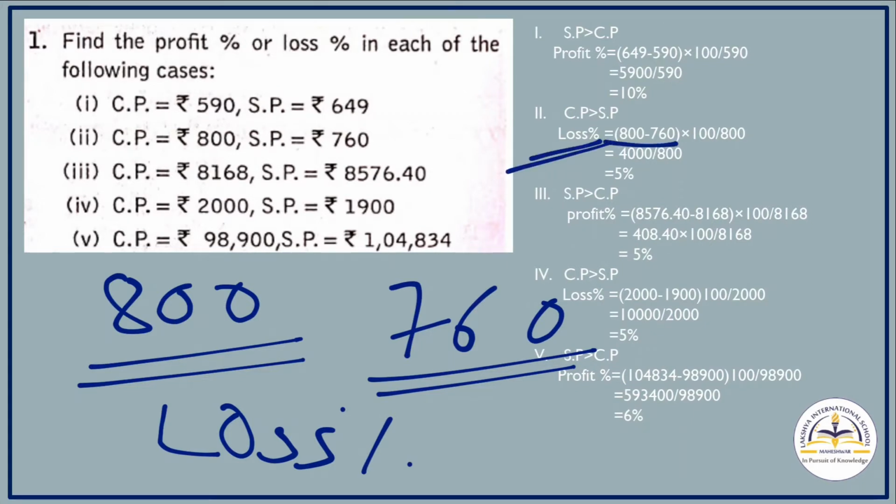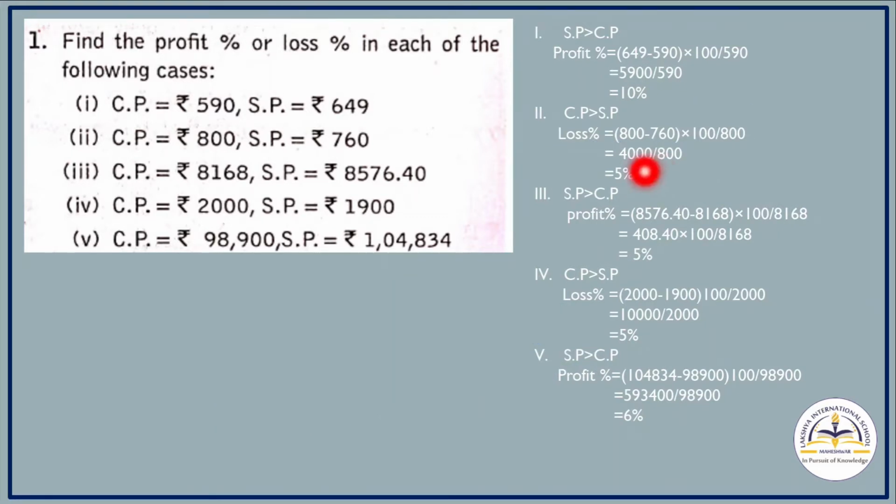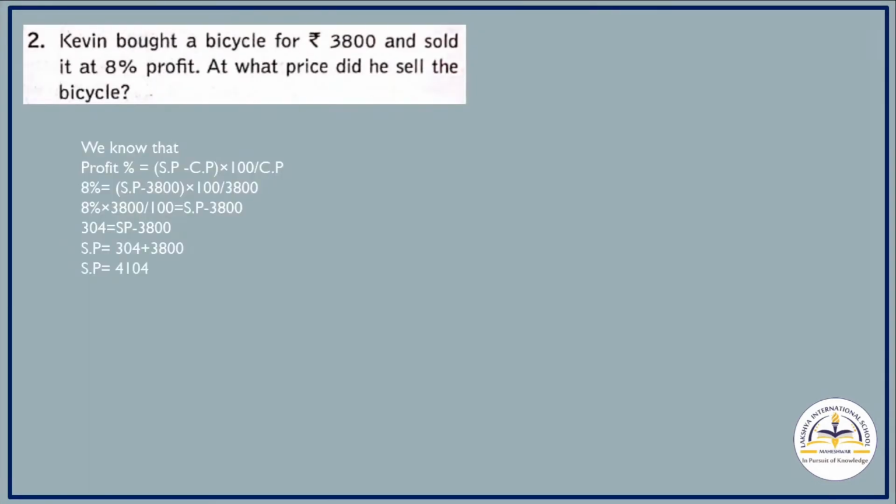Again, 800 minus 760 into 100 by 800 according to the formula. You subtract them, multiply by 100 and then divide by 800. The answer you get is 5%. So we got 5% loss. In the same manner you have to solve the third, fourth and fifth questions.